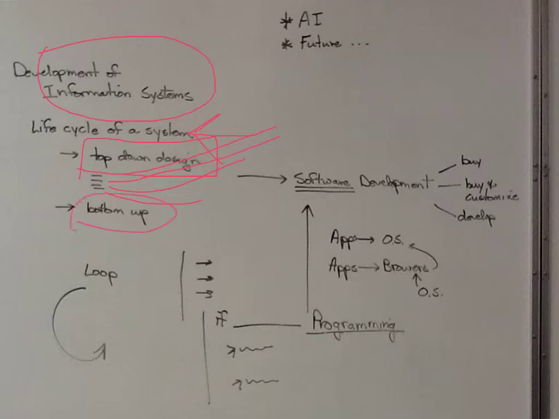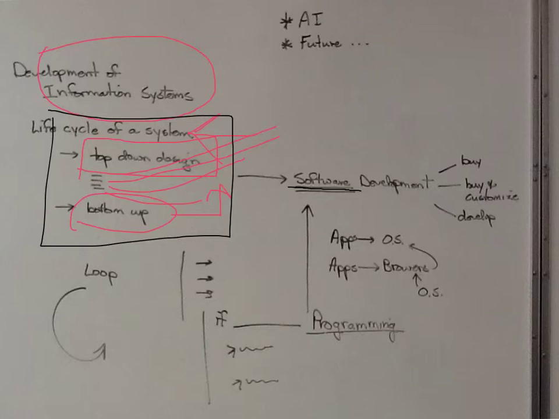And we'll also talk about bottom-up, where you get a prototype running and then improve upon it, and the advantages and disadvantages of each. In this process, somewhere in there, decisions have to be made in terms of the software that's going to make the information system work, make the information flow through.